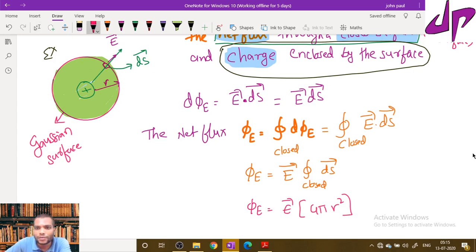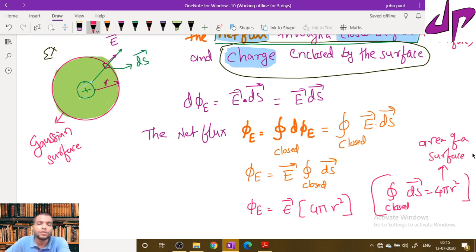That is the surface integral of a sphere, the area of a sphere, which you can also simply call area. Since we have taken only the surface, it contributes only area.